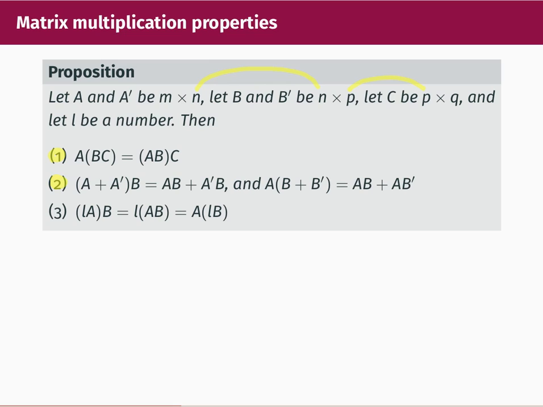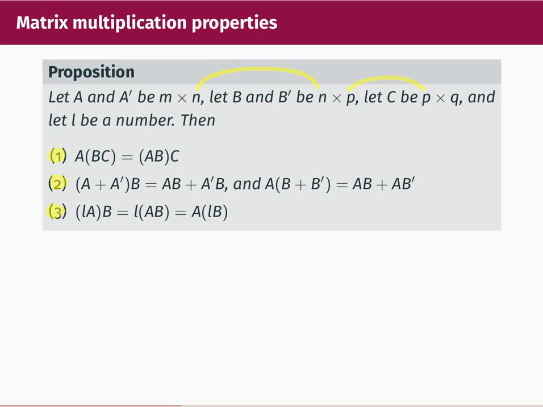Part 2 is a distributivity property. It says that if you add A and A prime and then multiply that into B, that's equal to A times B plus A prime times B. And similarly, A times B plus B prime is equal to A times B plus A times B prime. And finally, a kind of associativity property except with a scalar multiplication as well as a matrix multiplication.